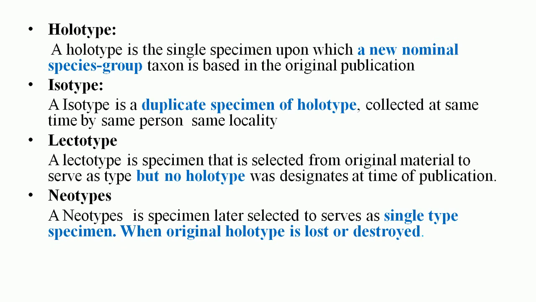That means one specimen was already published, but it is not found in the museum, and a new scientist collects a specimen and puts it in that place. This is known as a neotype.